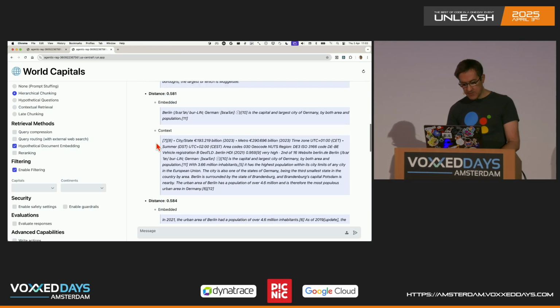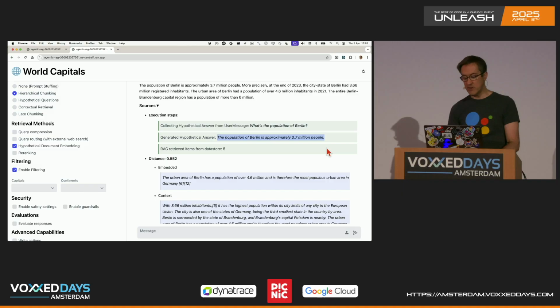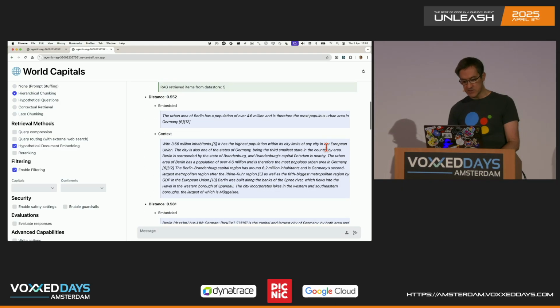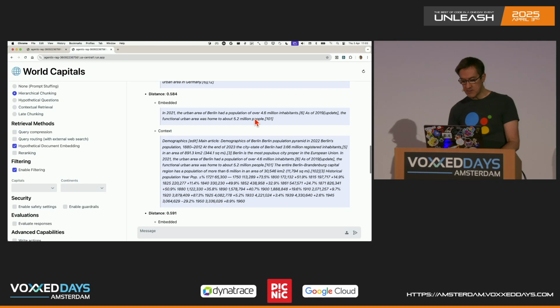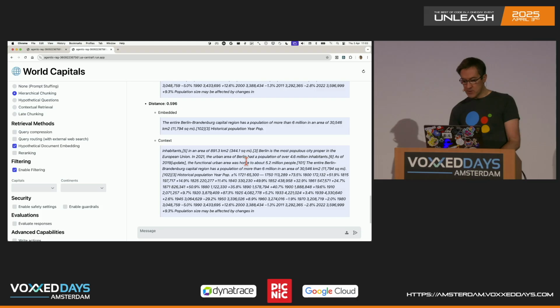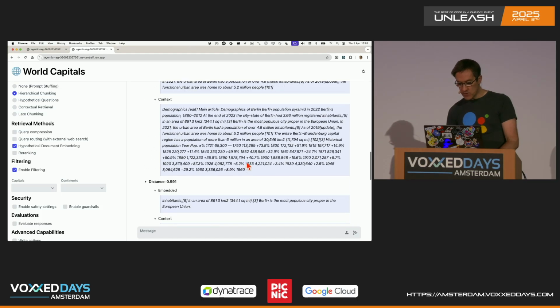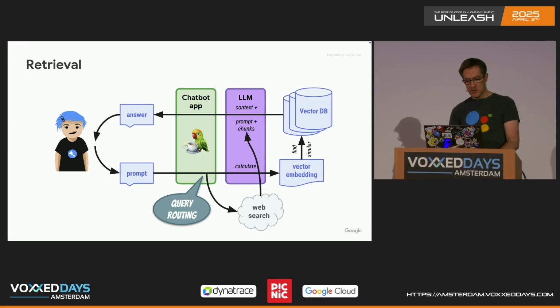So let's see. Without using RAG, it would have answered something like the population is approximately 3.7 million people. But that's what we search for in our vector database. So you'll see different figures here. Yeah, which one contains the answer? I guess it's one of the surrounding contexts that contain the answer.